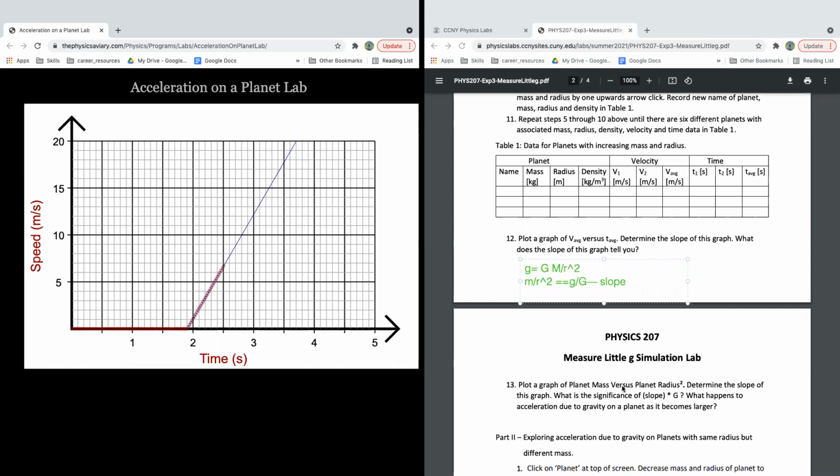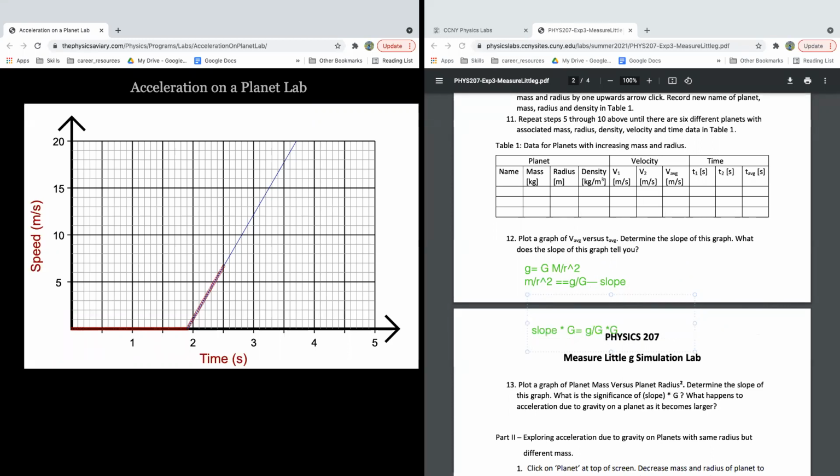And they ask you what is the significance of slope times g. So the slope times g equals g over capital G times g.